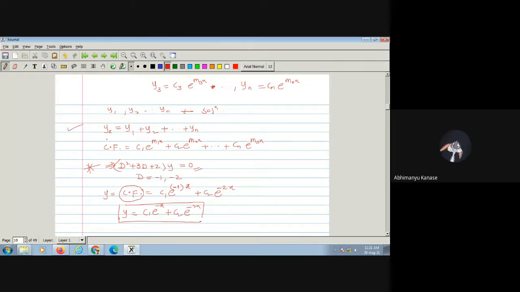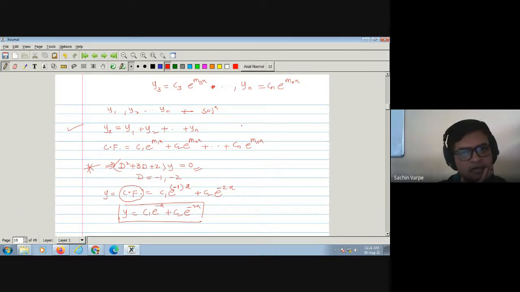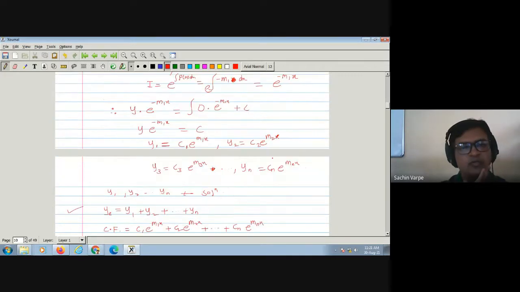Yes. Actually, we have calculated the sub-solution with respect to each root, right? Related to m1 we have got c1 e to the power m1x. Related to m2 we have got c2 e to the power m2x, and so on. Related to the nth root we will get cn e to the power mnx, right?